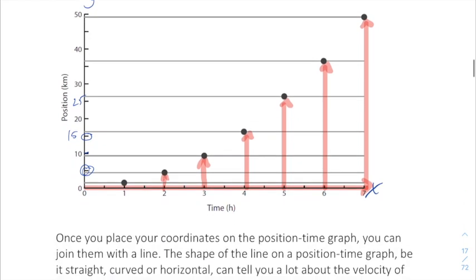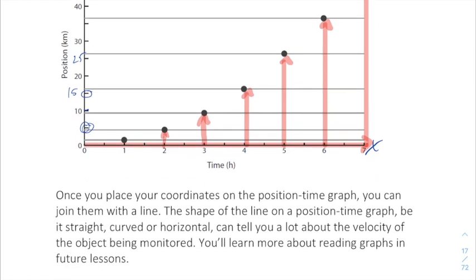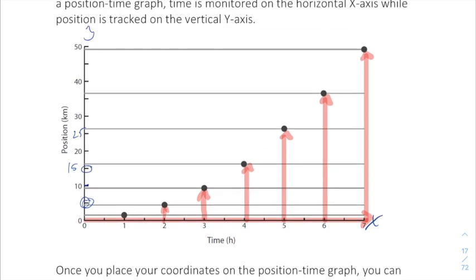Once you place your coordinates on the position time graph, you can join them with a line. The shape of the line on a position time graph, be it straight, curved, or horizontal, can tell you a lot about the velocity you're measuring. In this case, assuming that we started at 0, 0, we can see that the line would be a curve.